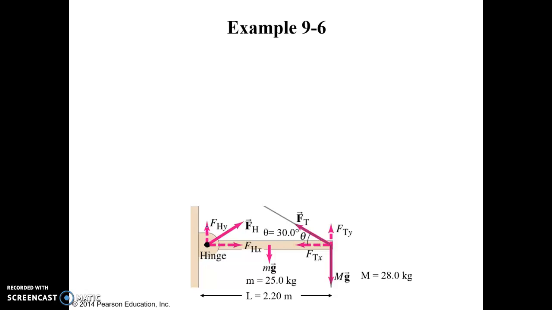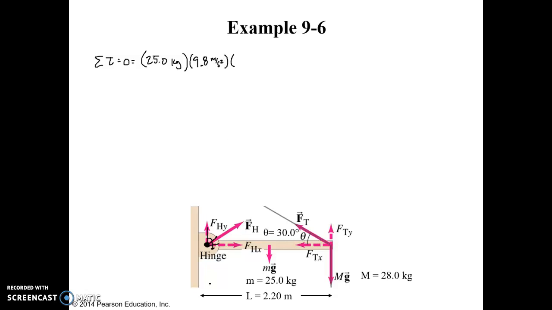Okay, so these forces that pass through the hinge don't cause any type of rotation or torque. You have to have some perpendicular distance away from the axis of rotation to cause a torque. So here we go. This one does. So let me write out the sum of torque is going to equal 0. And we have our 25 kilogram mass multiplied by 9.8 meters per second squared, changed from a mass into a force.